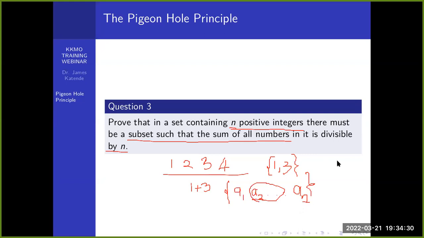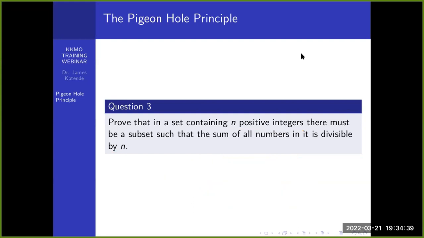And these are just in there, they don't have to be consecutive. So I hope that explains the question. We'll move to the solution.